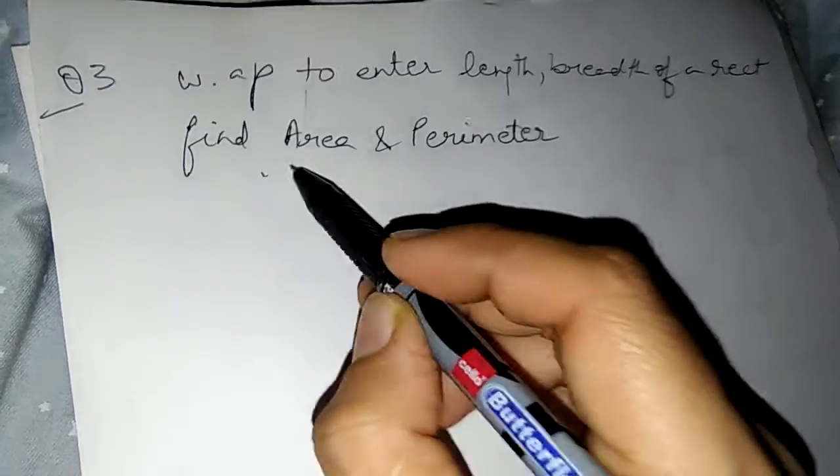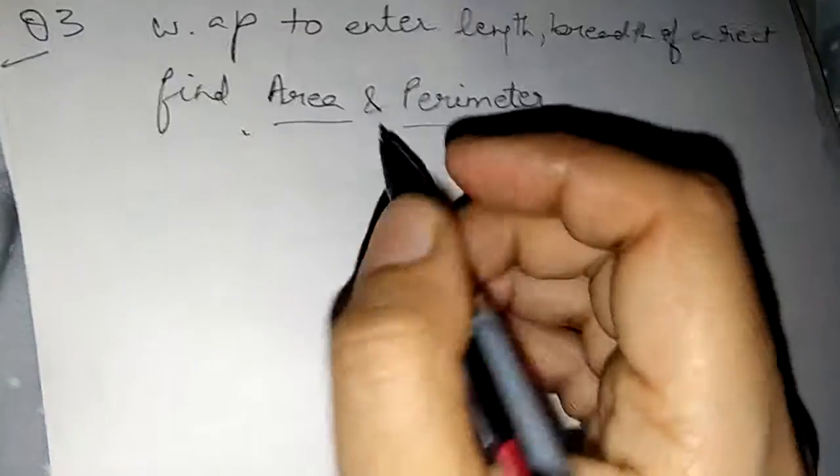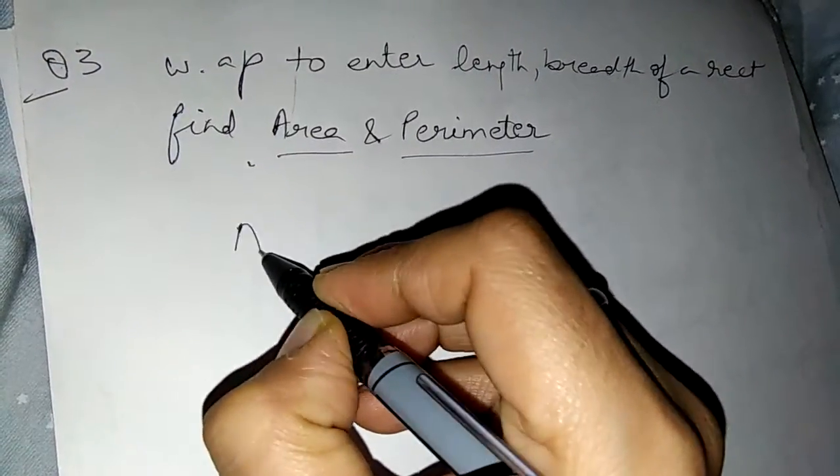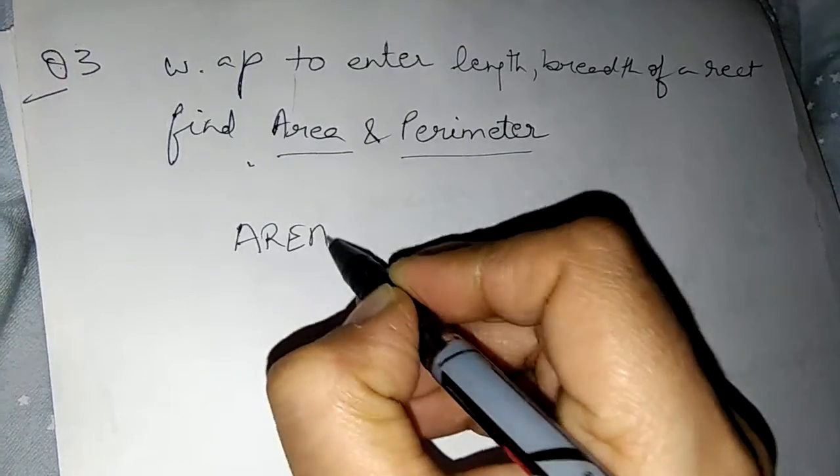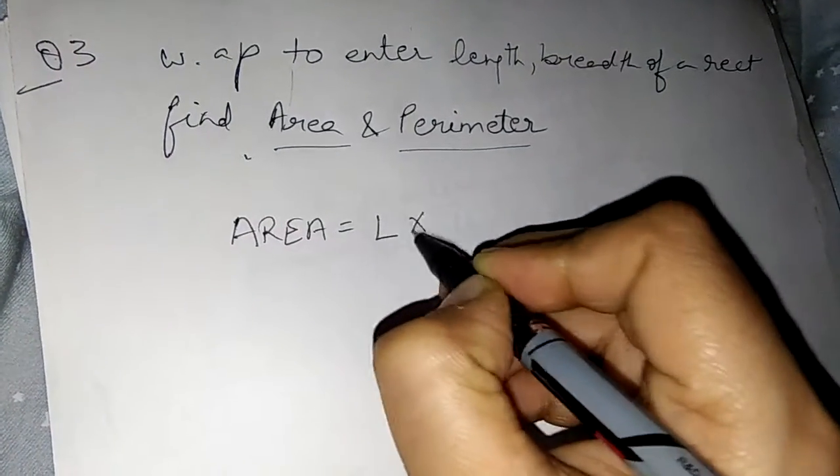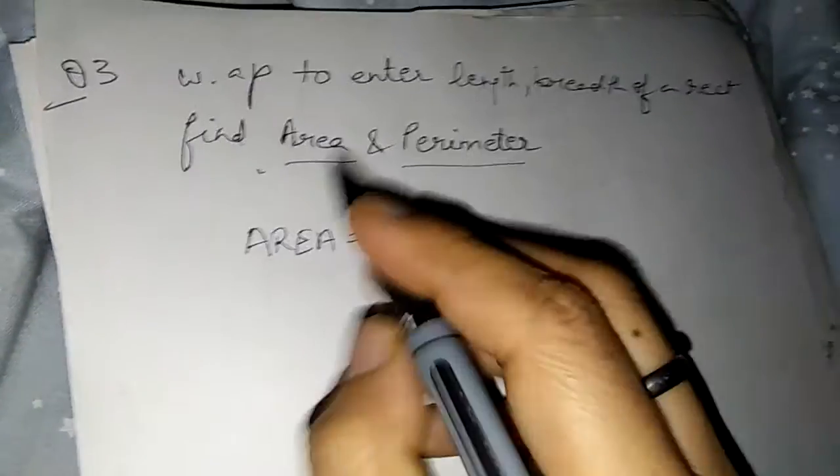For these types of questions, you should always know the formula first. Suppose area of a rectangle, the formula is L into B, length into breadth.